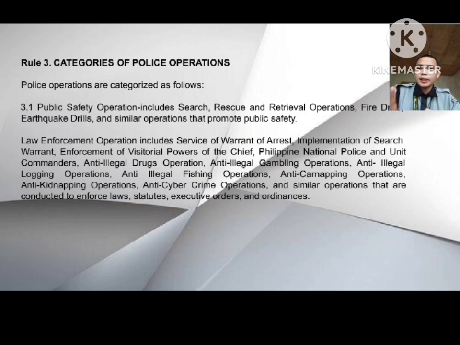So continuing with 3.2, the law enforcement operation.